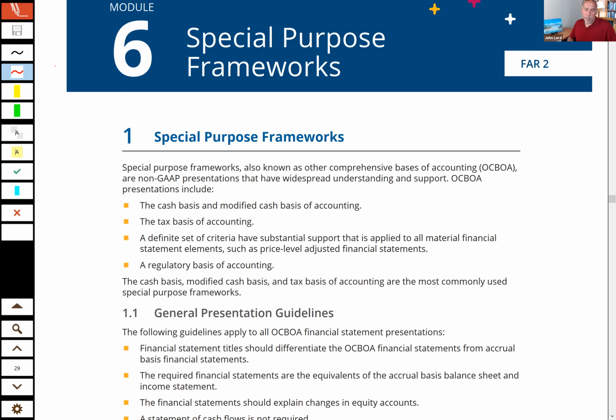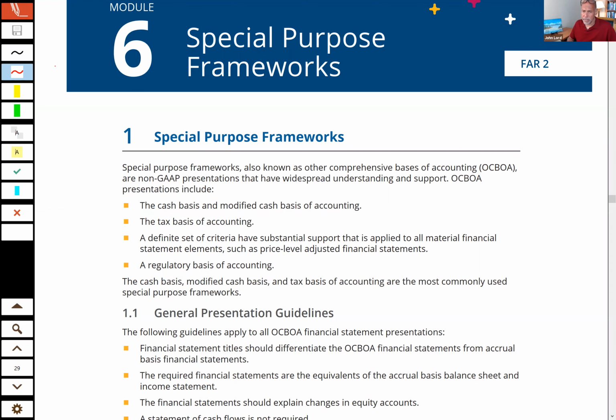But some companies may not have a need to prepare a full set of accrual basis financial statements. For example, a smaller company may want to prepare cash basis financial statements. That's perfectly fine. They're not going to list on the stock exchanges, but for their specific purposes, maybe cash basis would be fine.